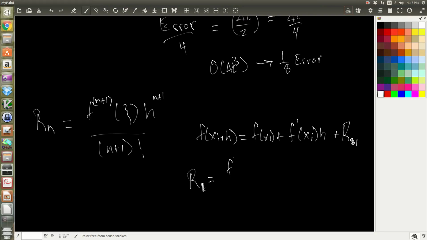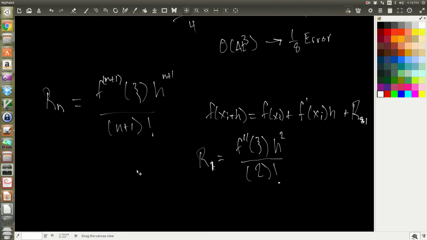So we did first order, so this is going to be n plus 1. That gives us the second derivative. So it's f double prime at psi times h to the n plus 1, which is just going to be squared, over n plus 1 factorial, which is going to be 2 factorial.